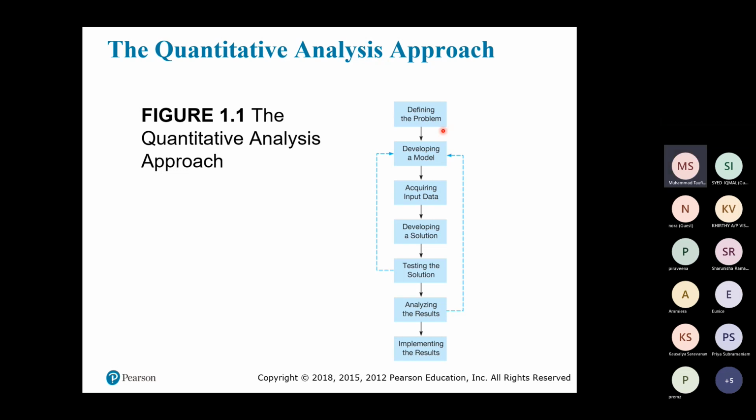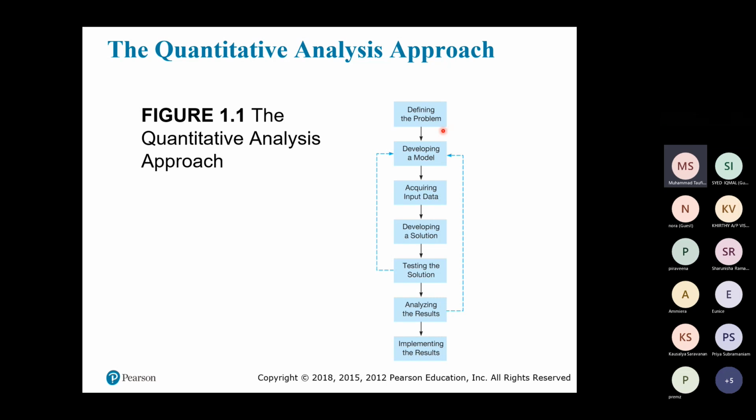Okay, so if your solution is not too effective, yeah, it solves the problem, but maybe just a few percent of the problem. Maybe the solution is not solving all the problem. So you have to come back to the model.